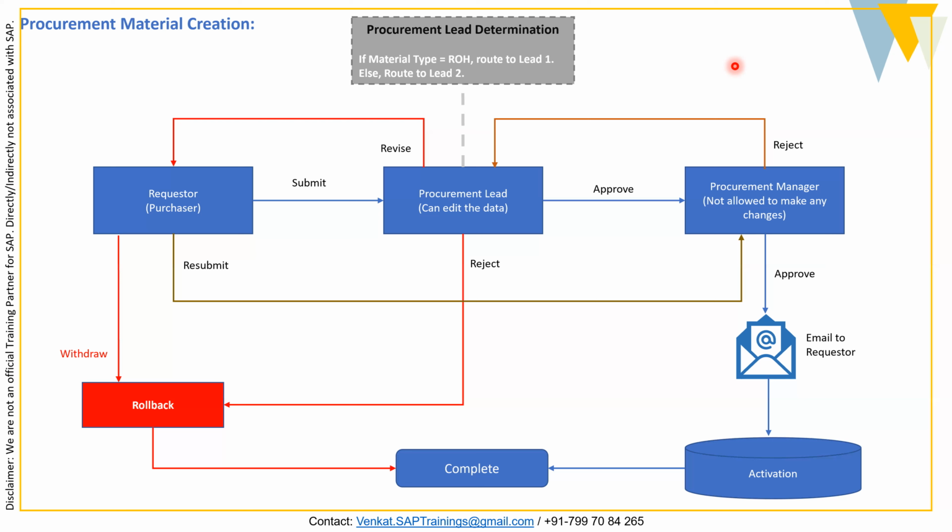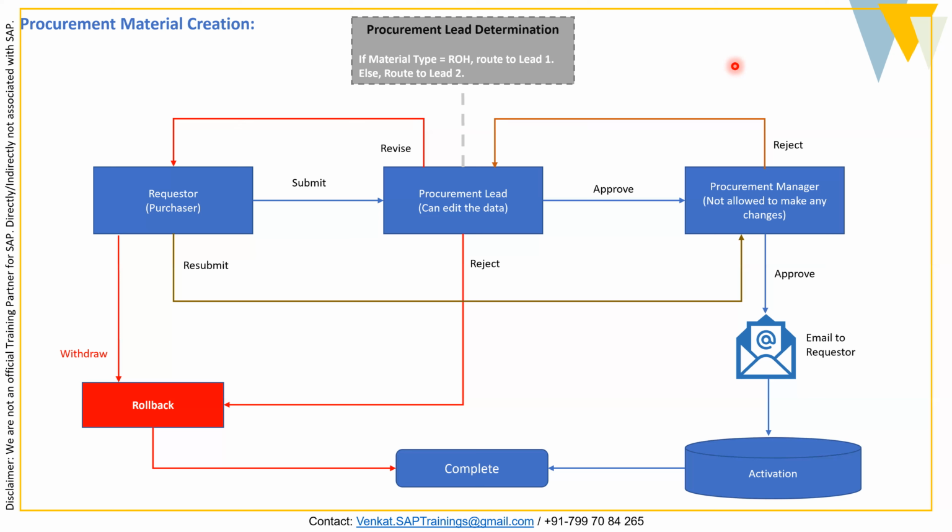If we want some revisions to be done, the workflow can be routed back to the requester. If the procurement lead would like to reject the complete process, then he or she can reject and roll back the CR. Once the procurement lead approves, it will be routed to the procurement manager, and he or she can approve or reject.